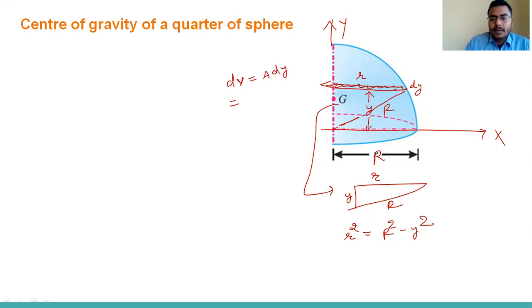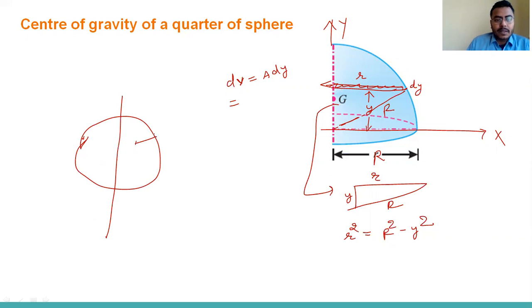What is the area? This is very important to understand. See, suppose you cut the hemisphere and take a segment in the hemisphere. This was coming like a circle. Now again you are cutting like this, so this will become half of a circle. This is not a full circle.